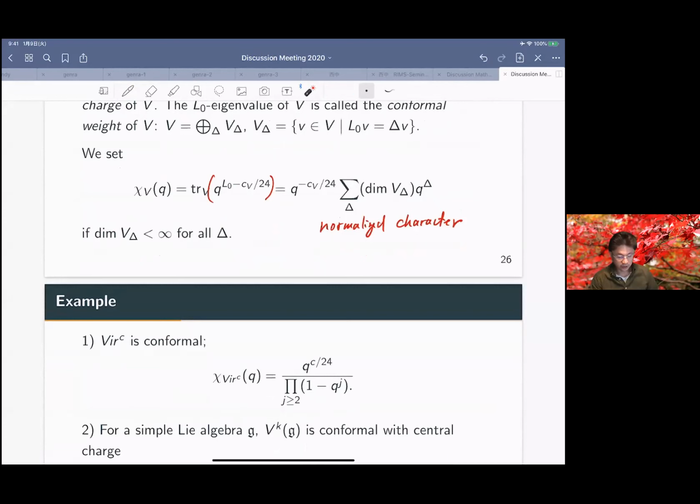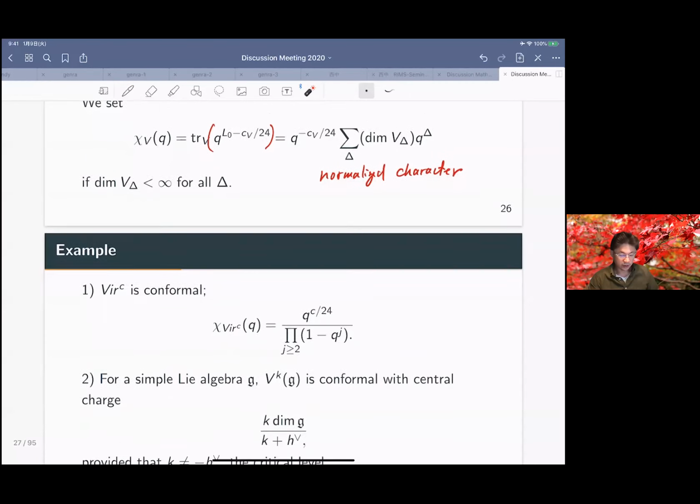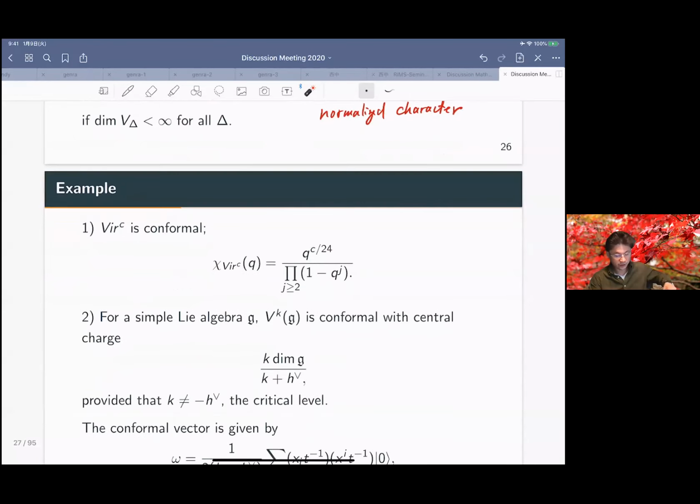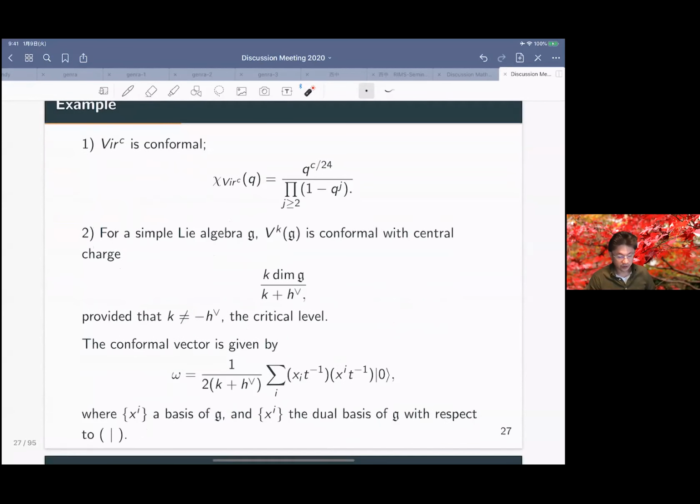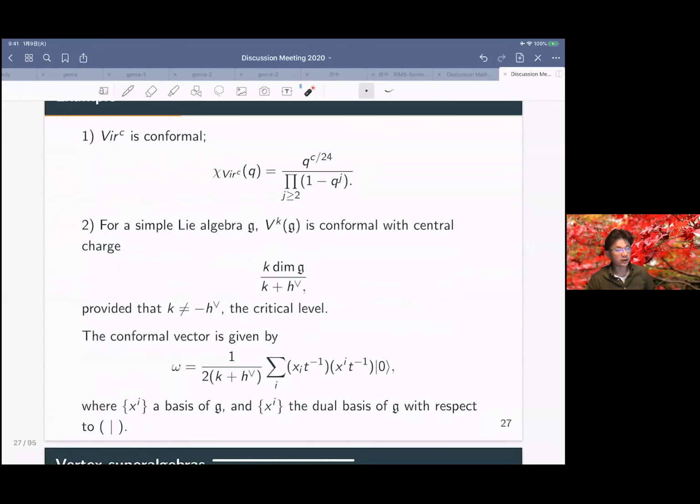The character is written in terms of this eta function. And for a simple Lie algebra g, the universal affine vertex algebra is conformal with some central charge, provided this denominator is non-zero. And the conformal vector is given by this formula. This corresponds to the second Casimir element. So the second Casimir element gives the conformal vector of the universal affine vertex algebra.